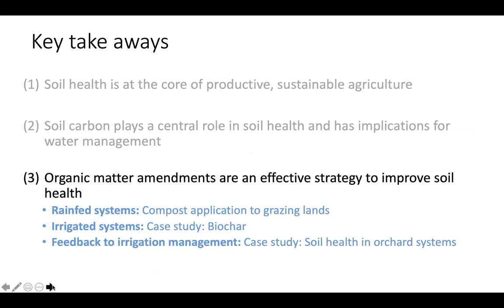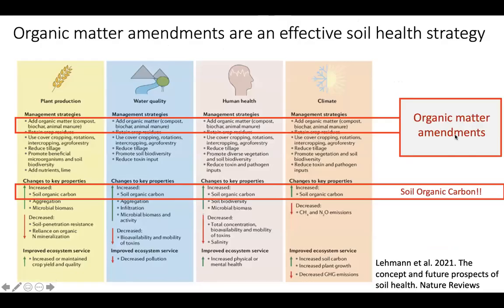So I want to talk about the use of organic matter amendments, in particular for carbon farming, and then think about what the potential roles or impacts on water management are. The reason this is a good practice to focus on: there are many carbon farming practices, and many practices that promote efficient water use.